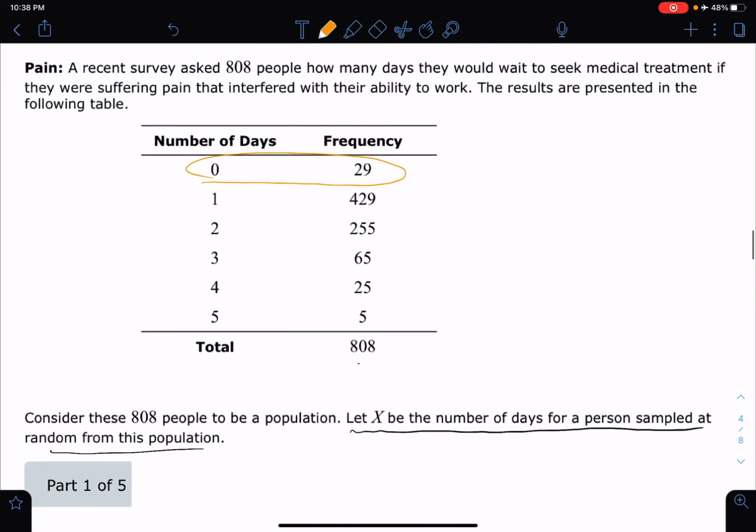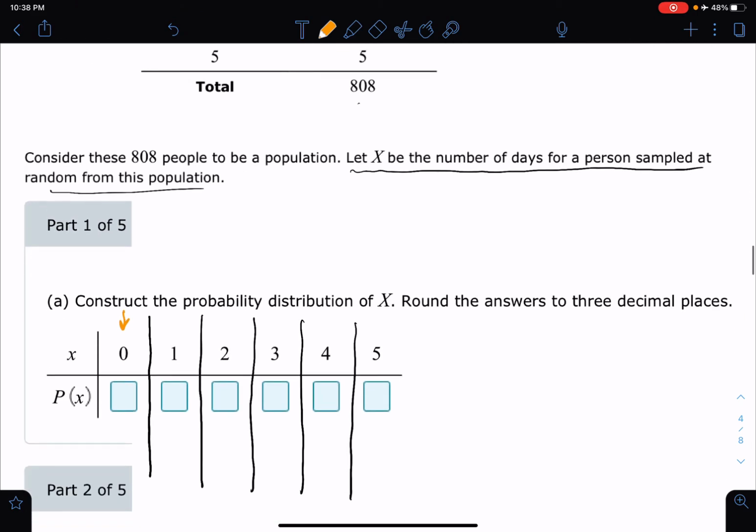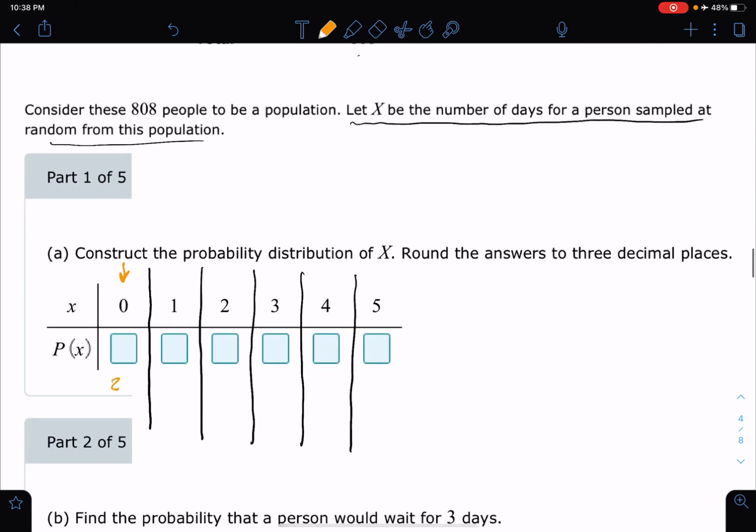Well, all you have to do is take 29 out of 808. That's the probability that someone will suffer for 0 days before they go to the doctor. Let's go ahead and put the answer in decimal form in red. So when I divide 29 by 808, I get 0.036.